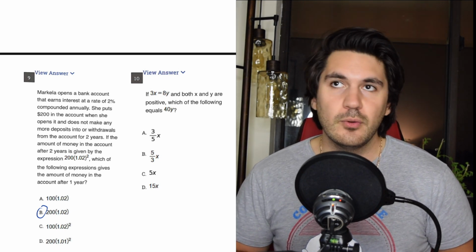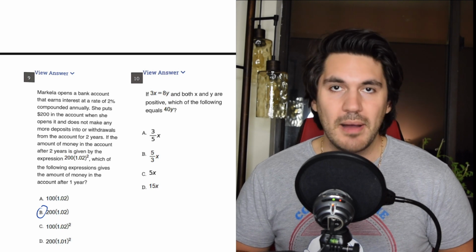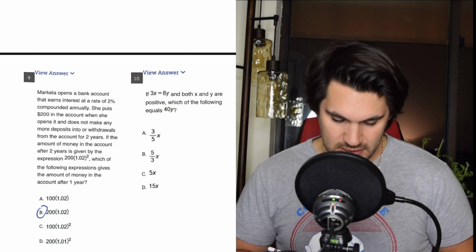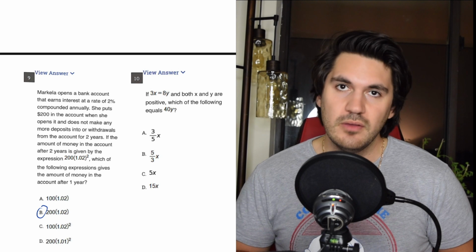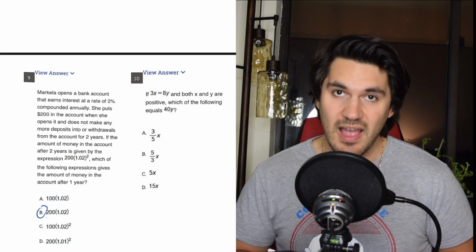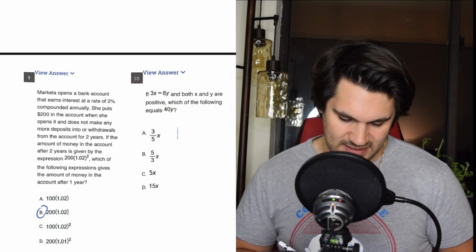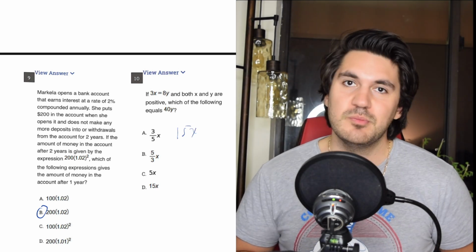The way you get to 40y is you multiply 8y by 5. So 40y is also equivalent to 3x times 5, which is 15x. So the answer choice would be D.